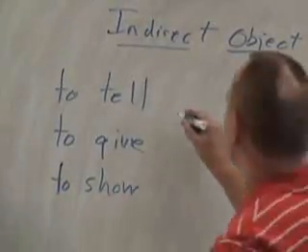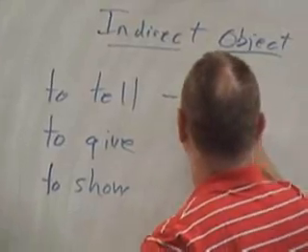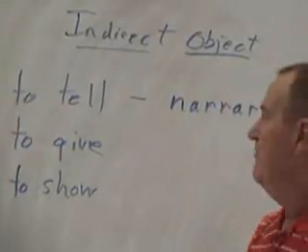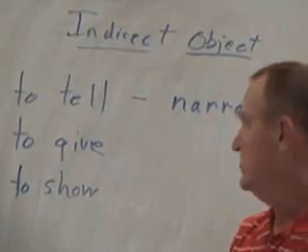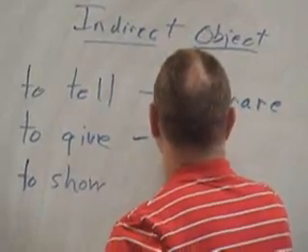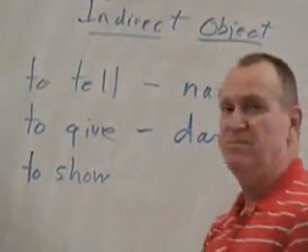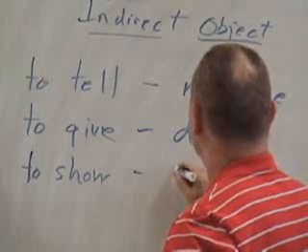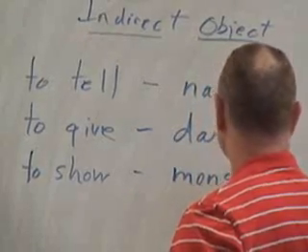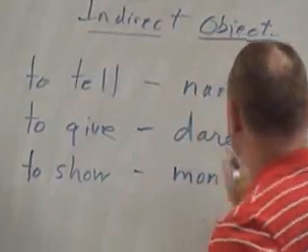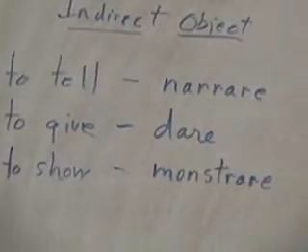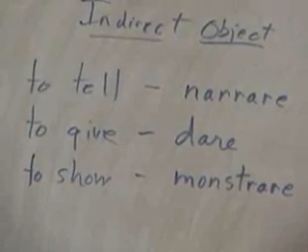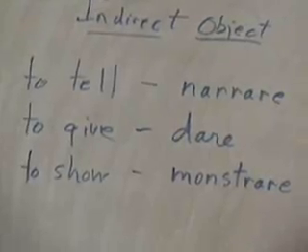In Latin, one of the verbs to tell is narrare, and you will see this on your National Latin exam, very definitely. In fact, you will see all the uses of the cases on your National Latin exam in March. Dare, first conjugation verb, is a verb to give. And to show, we can use monstro or demonstro, monstrare. To tell, to give, and to show. Verbs like this will create a situation which will cause an indirect object to occur in any language.